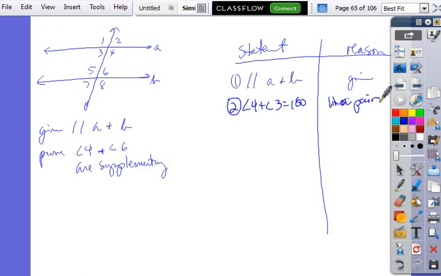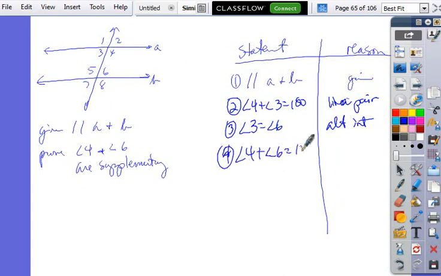And I know that 3 is equal to 6 because of alternate interior. If 3 is equal to 6, I can substitute that and say that 4 plus 6 is 180 by substitution, and finish by saying 4 and 6 are supplementary by the definition of supplementary angles.